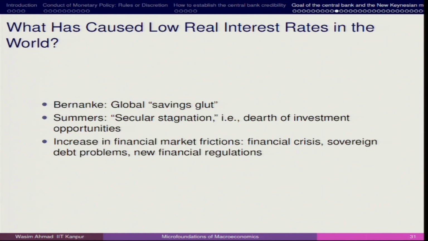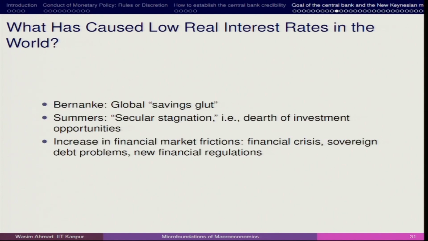Then even if the government or central bank is creating opportunities, it will not create that much investment, because everywhere pessimistic scenarios are leading. So, the coordination failure model we discussed, which talked about strategic complementarities, fails here. Lawrence Summers gave the term secular stagnation, which talks about a dearth of investment.